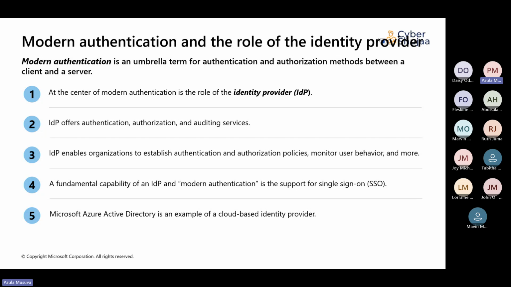We also configure authentication, how we identify and authenticate those entities, what authorizations or privileges we give, and also how we track and audit the things that those entities are doing in our systems. That central service that enables us to do these things is what we call the identity provider.